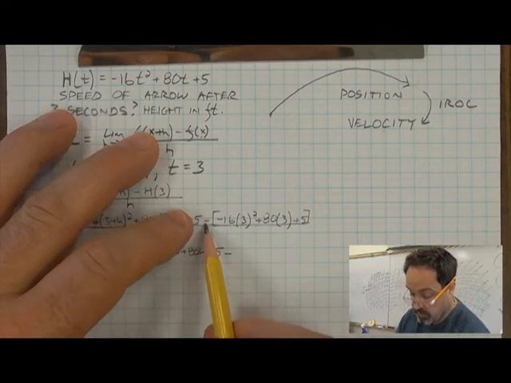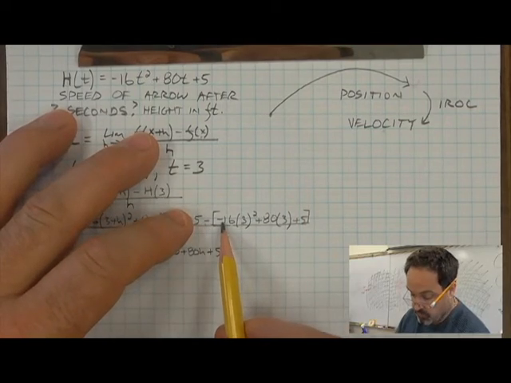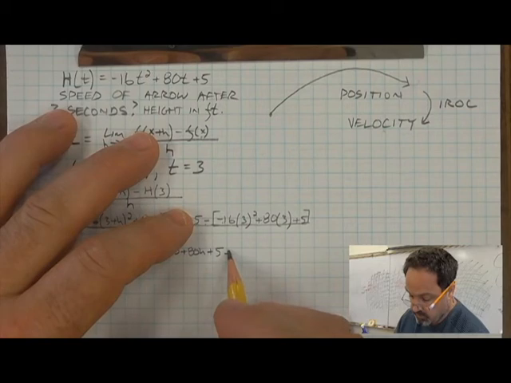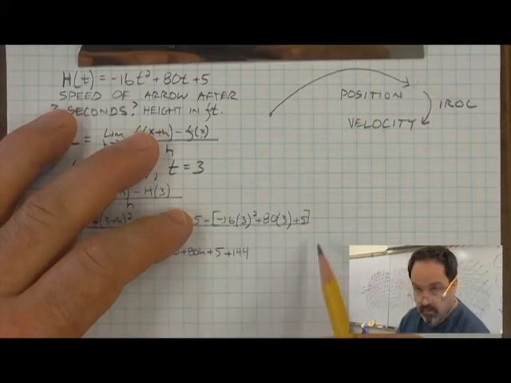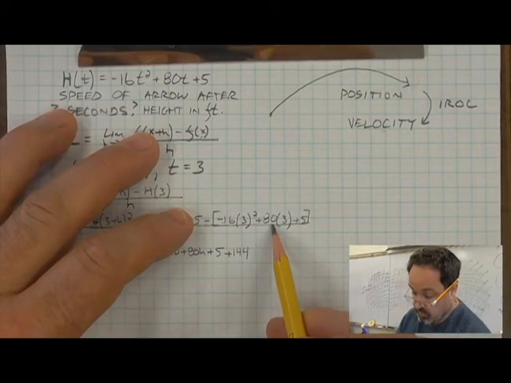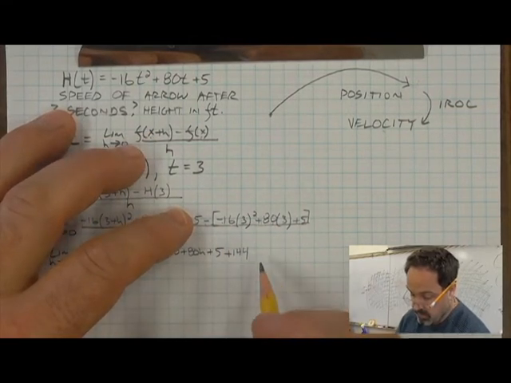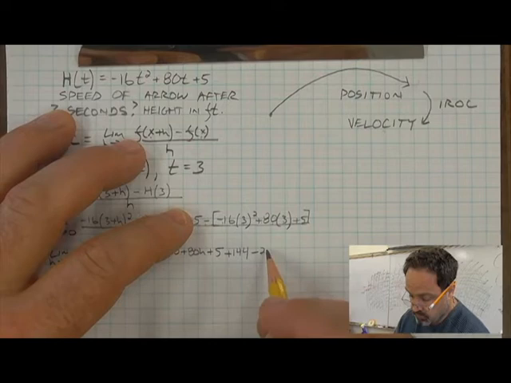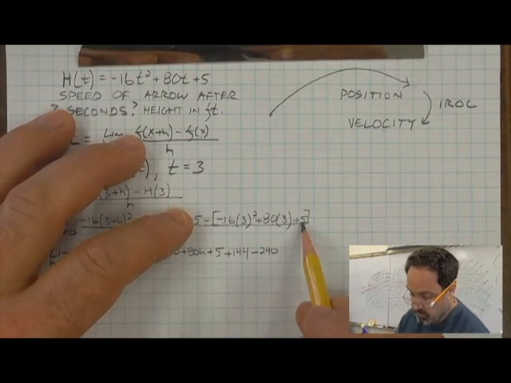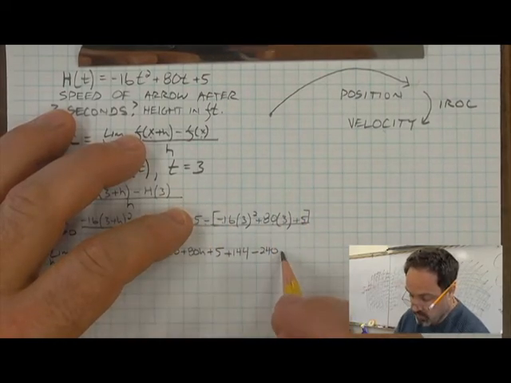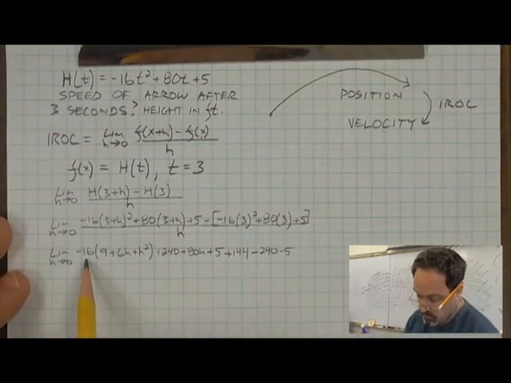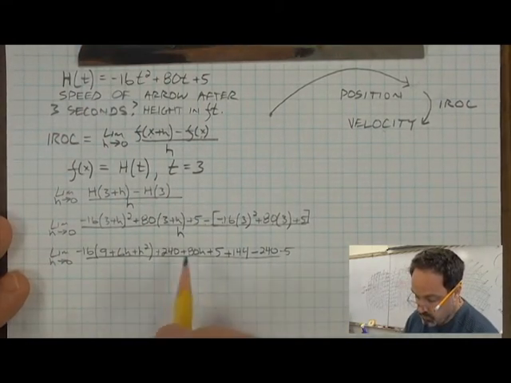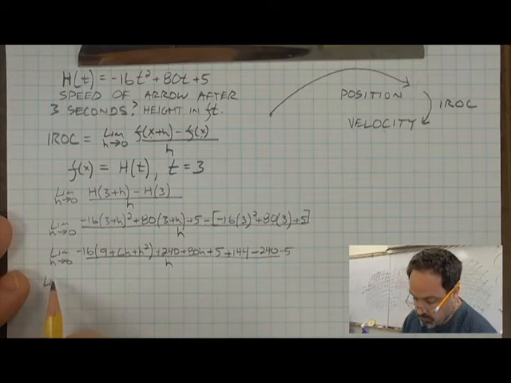And then when I distribute the negative to that negative 144, I get a positive 144. 3 times 80 is 240, which is positive, and then I make it negative from this distribution. This positive 5 then becomes negative after the distribution. All over h.